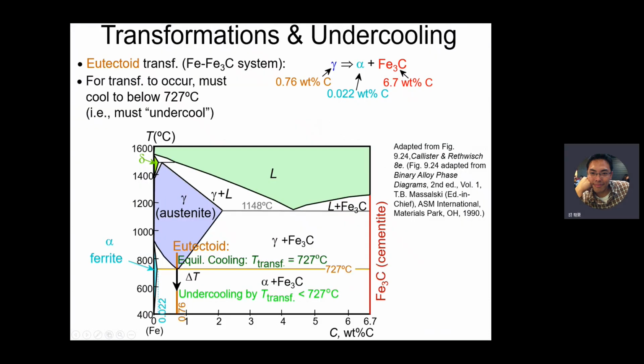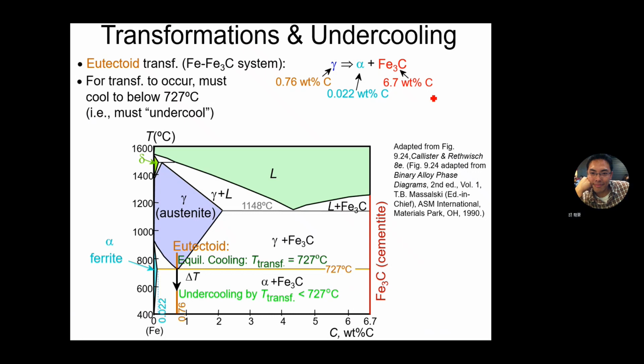I will finish this after we finish this figure. In the beginning, I mentioned the eutectoid reaction, or in the previous chapter. You already know the definition of the eutectoid reaction or transformation.